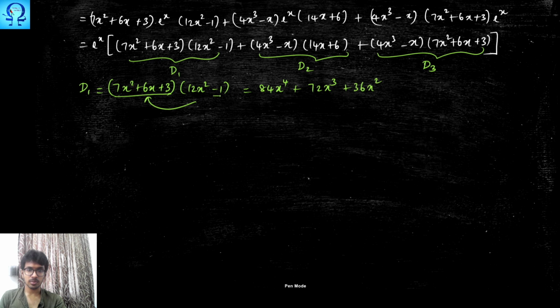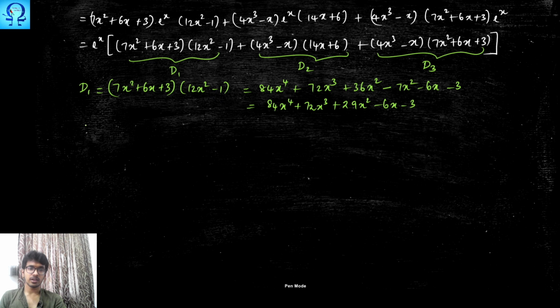Now the same has to be done with minus 1. So minus of 7x squared minus 6x minus 3. So if you simplify, it is going to be 84x power 4 plus 72x cube, plus 29x squared minus 6x minus 3. So we found the value of D1.